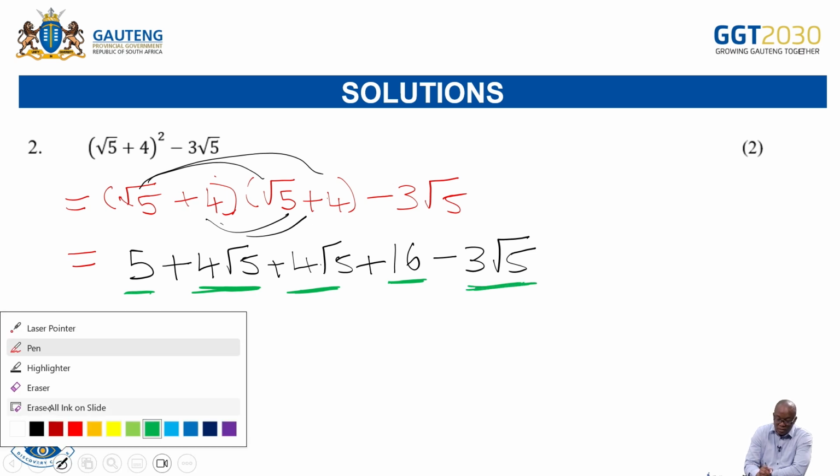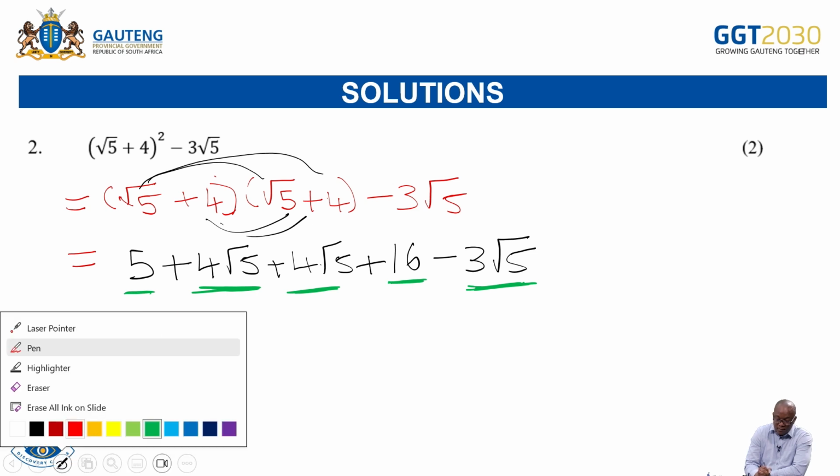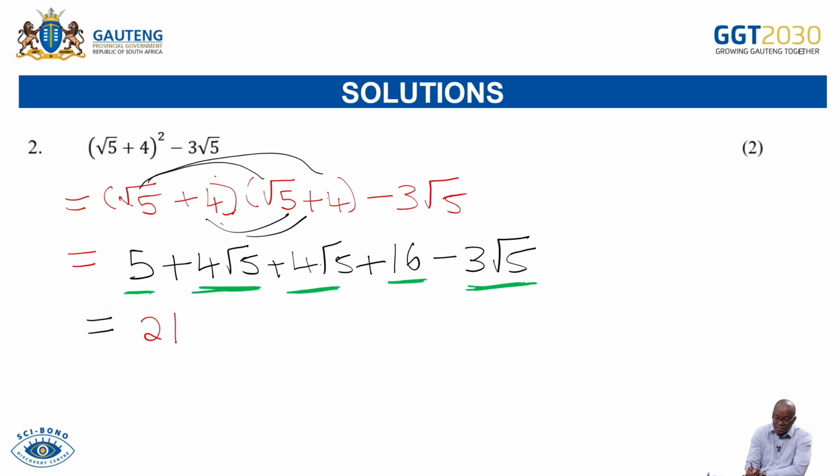Then what do we do there? We're going to say 4 plus 4 is 8, minus 3 is 5 root of 5. So basically that's what you are going to get as your answer, right? For 2 marks.